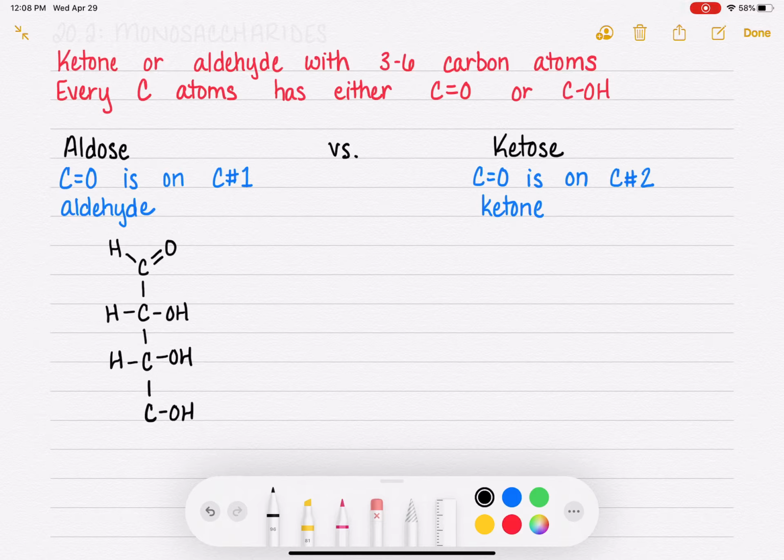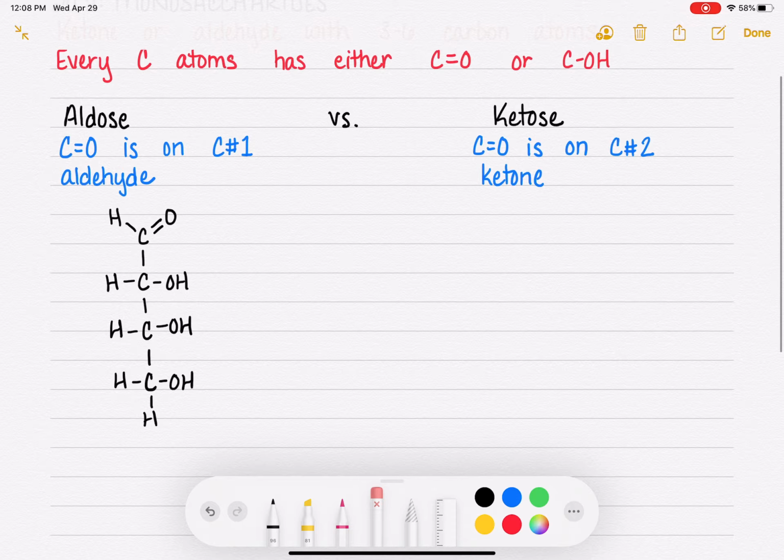And even though in section 20.1 I told you that down here at the end of the chain we normally draw this part of the monosaccharide in condensed notation, I'm expanding it out in this particular drawing. So this would be an aldose. With our carbons, when we number them, we start at the top and we number down to the bottom like this. So our carbon-oxygen double bond is on number 1. It's an aldehyde and it's an aldose.